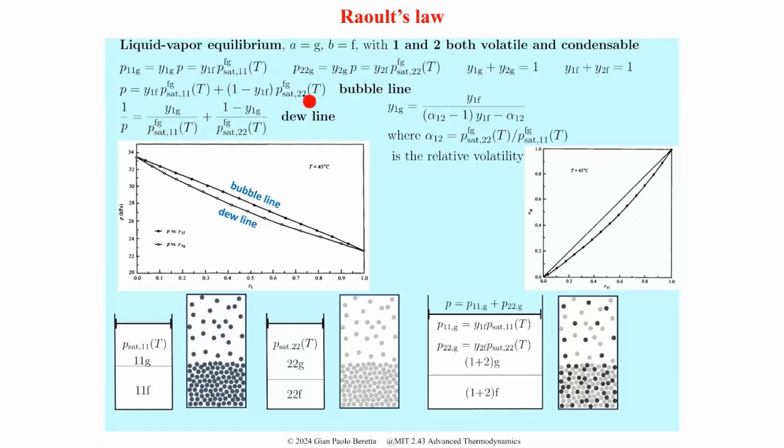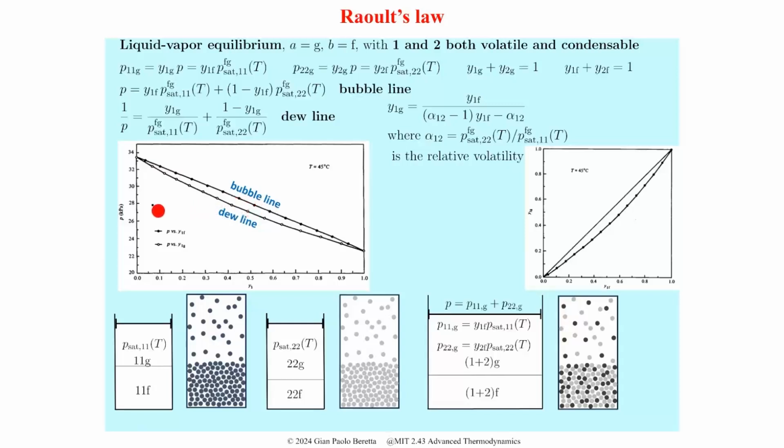And of course, once you have the bubble line, this is really an equation of a line. So if you plot pressure versus mole fraction, in this case the mole fraction of the liquid, you get a straight line that we call the bubble line.